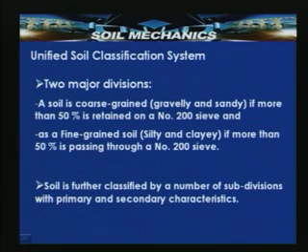And a soil is treated as fine grained, that is silty and clayey, if more than 50% of the soil passes through the number 200 sieve, that is, the 75 micron or 0.075 mm sieve, which indicates that the soil is silty and clayey in nature. So, the two major divisions are coarse grained soil and fine grained soil, and if more than 50% of the soil is retained on the 75 micron sieve, it is treated as coarse grained soil.